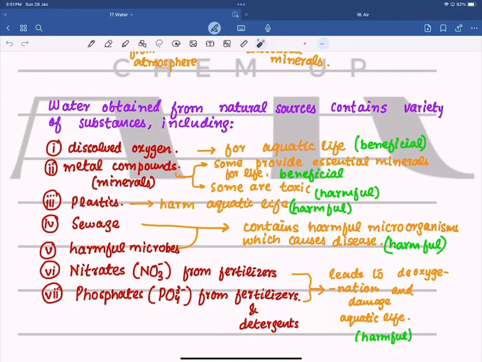But things which get dissolved, we can't separate by filtration, right? So these two especially lead to deoxygenation and damage aquatic life, so these are also harmful. Is this clear? Yes Aisha, Khatija, Aisha, Osman, and Ammar, is this clear to all of you?